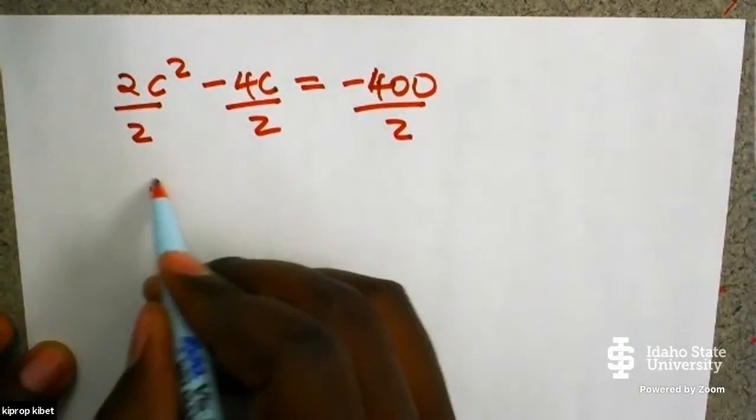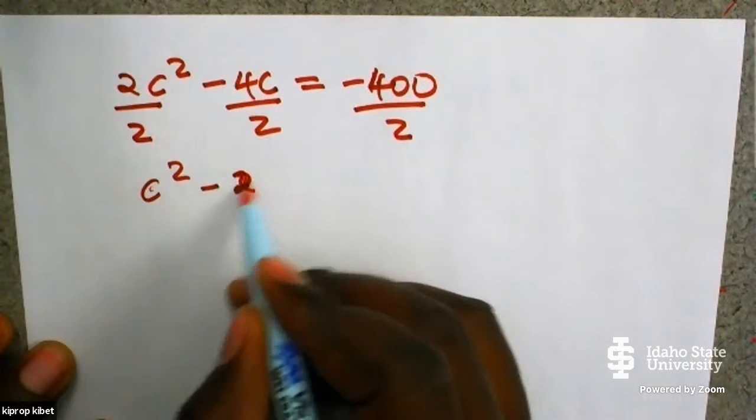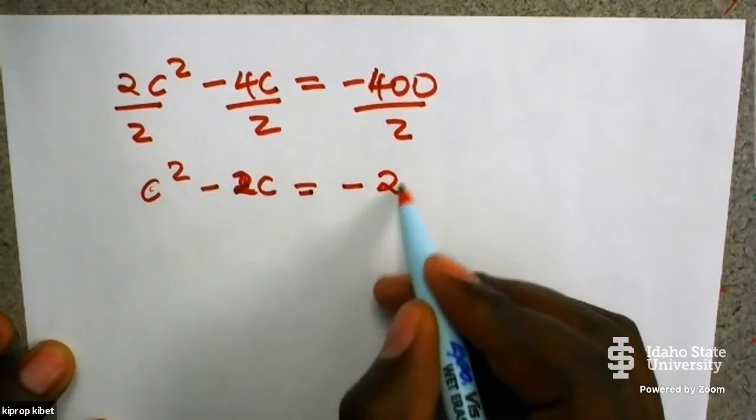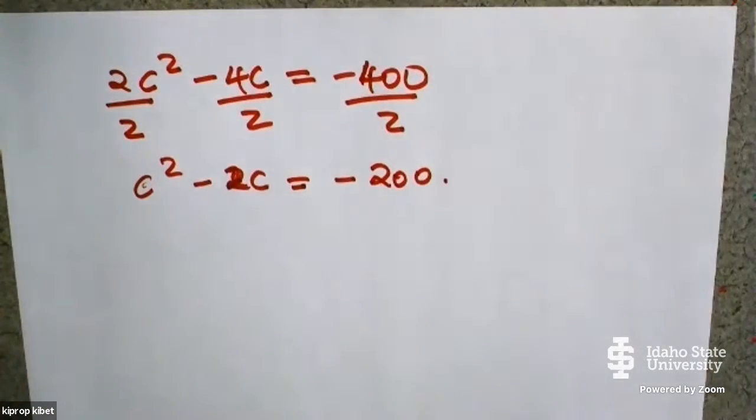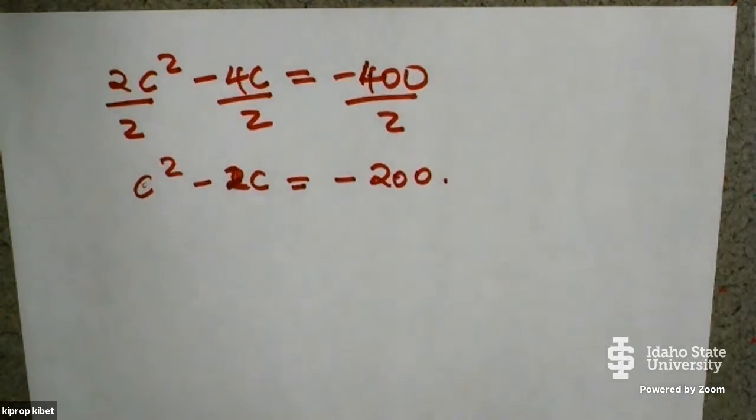Okay. So we get c squared minus 2c equals minus 200. Then, using the steps that we use, the first step is make sure the coefficient of c squared is 1. That one is very, very important.